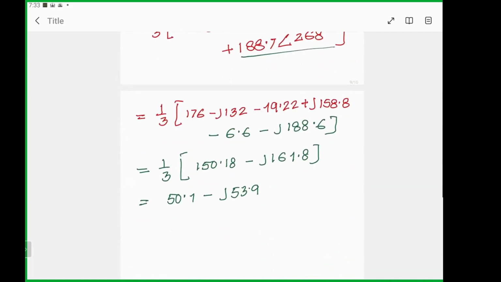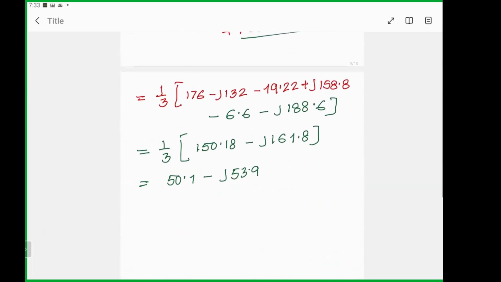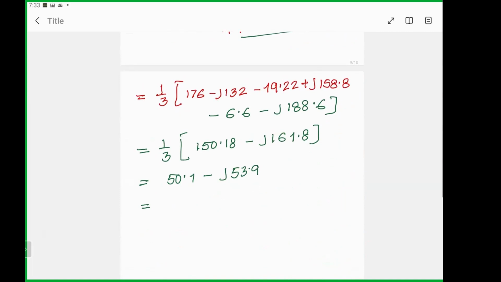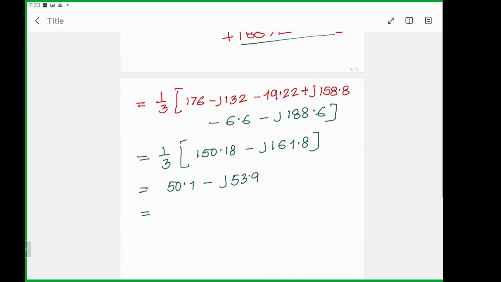So this is my A2, and then we can convert it back to polar form. Why, I will tell you later. Can anybody help me convert it back to polar form?